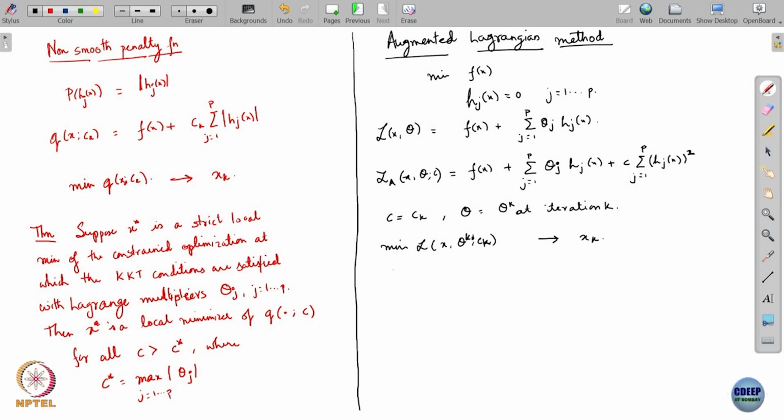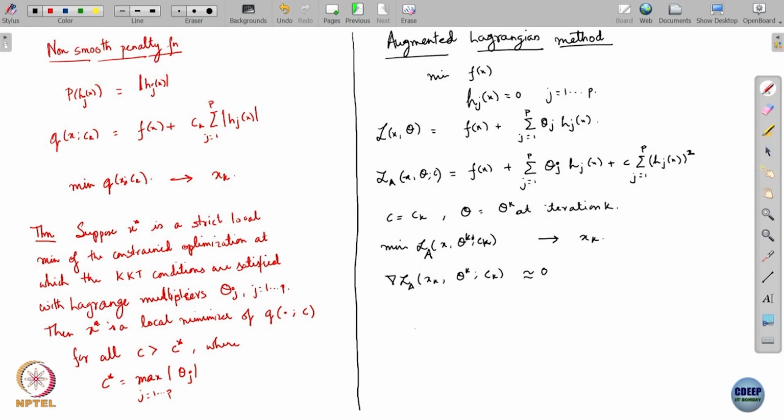Now, this would mean, sorry, the augmented Lagrangian. So, now this would mean that the gradient of the augmented Lagrangian with respect to x must be close to 0, or exactly 0 if you come to the exact solution. So, we would need that at x k, the gradient with theta k given C k should be approximately equal to 0.